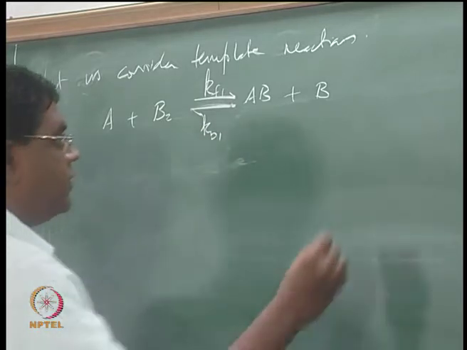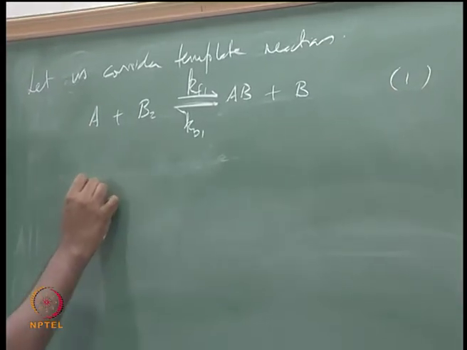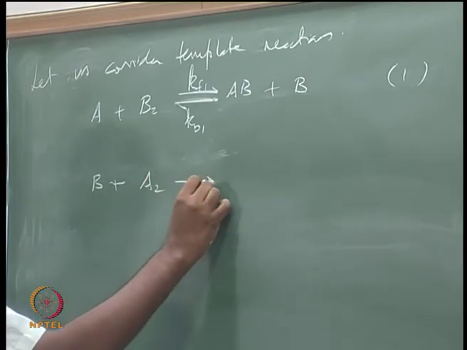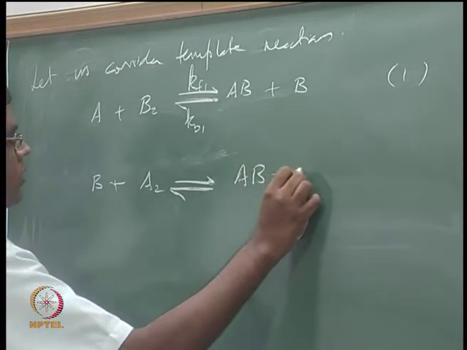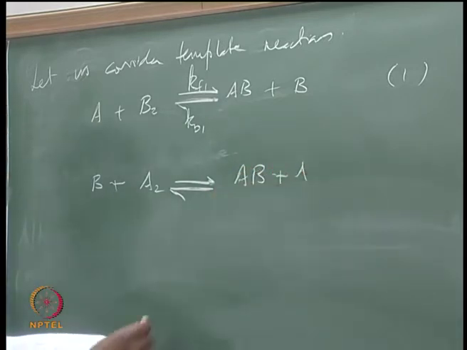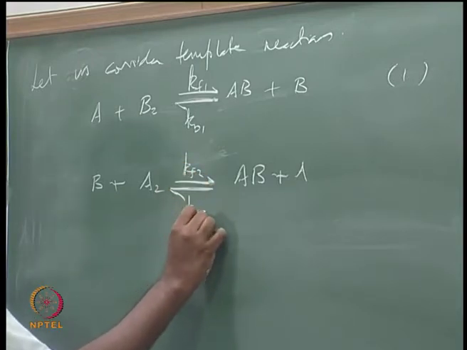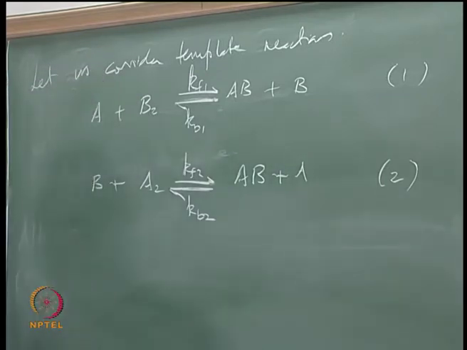Let us call this reaction 1. And B plus A2 gives and takes AB plus A, and we call this Kf2 and Kb2. Let's call this reaction 2.